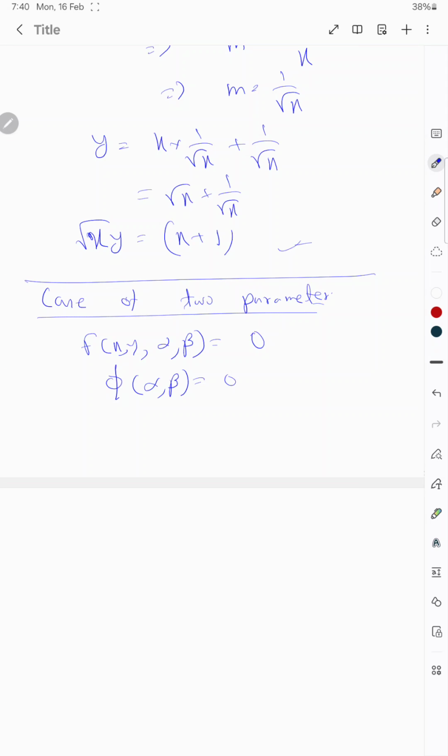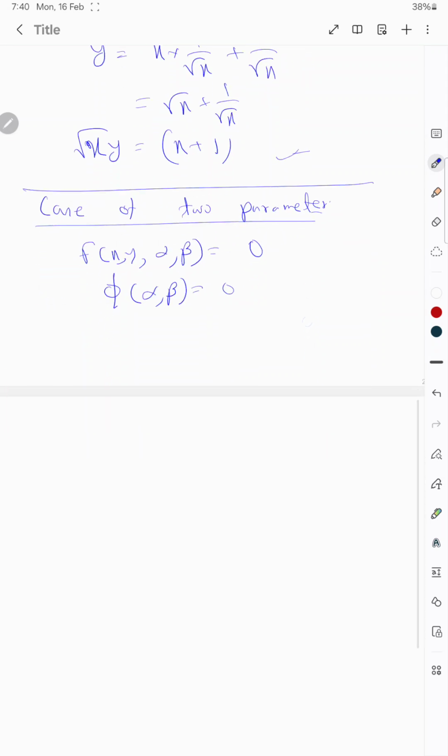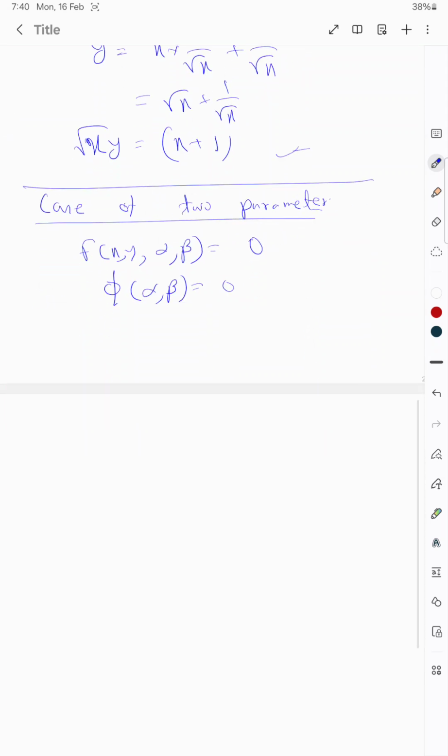They will provide another relation. Okay, so what you have to do, suppose you are trying to find the envelope, so you can use derivative with respect to either alpha or beta. This is your choice.